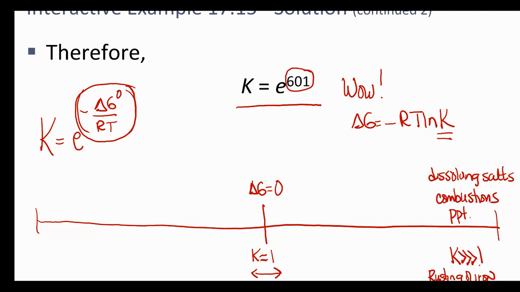Those are all, and then the batteries we're going to be looking at in the next chapter, those are all product favored, and delta G's for those will be very negative. Strong acids. Remember, the K's were so big we didn't even reference them. Strong bases.